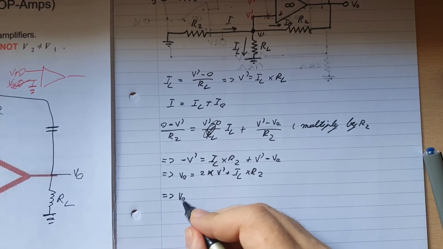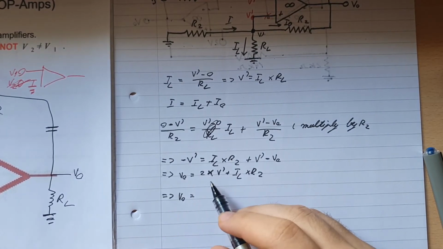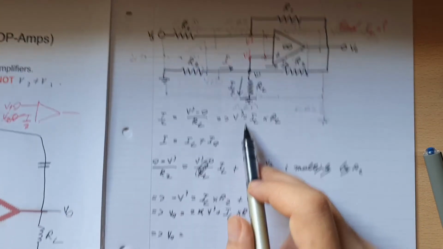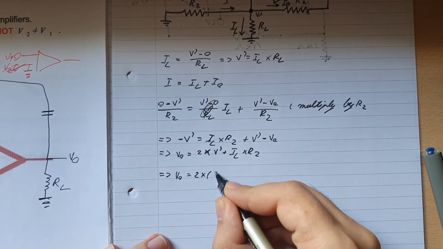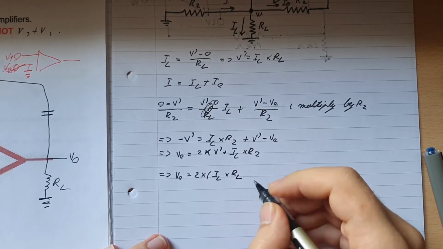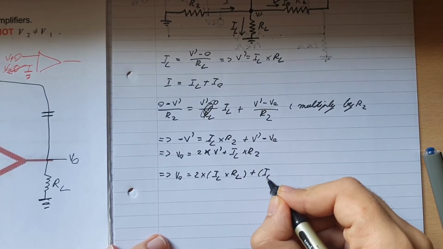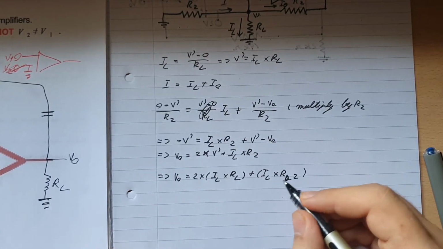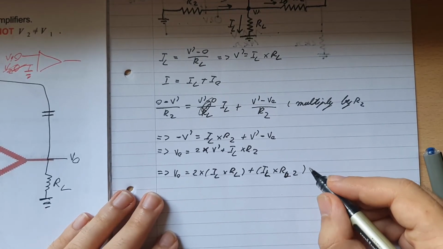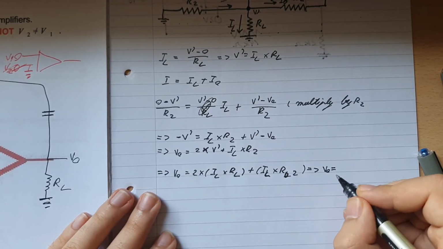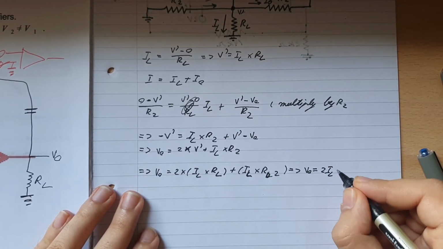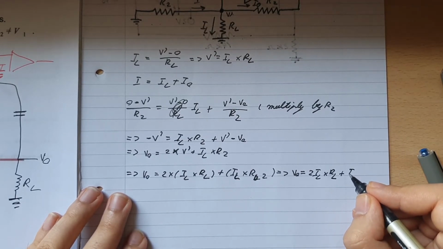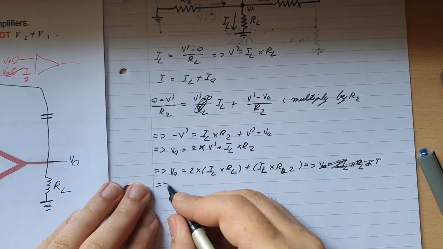Now we use the formula we already made, V prime equals IL times RL, so V out is 2 times IL times RL plus IL times R2. I think you already know where I'm going with this.